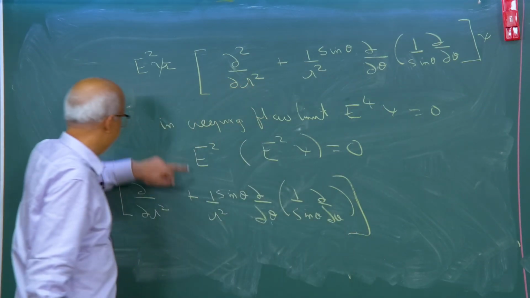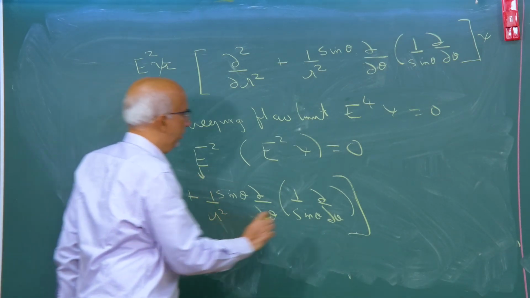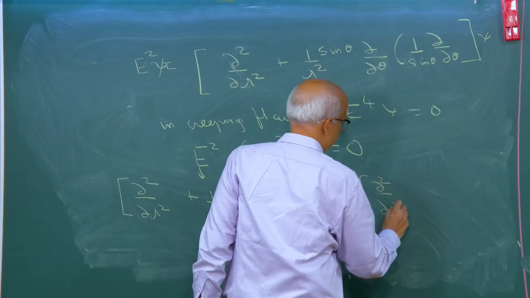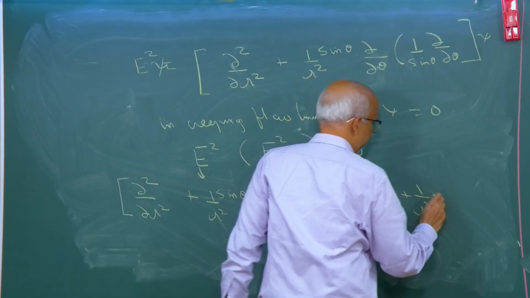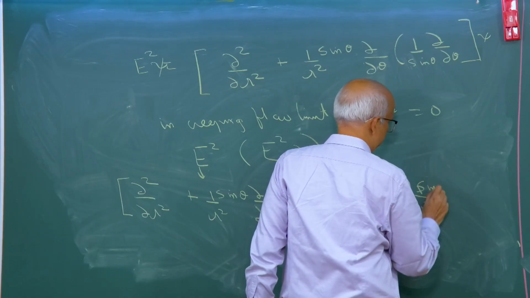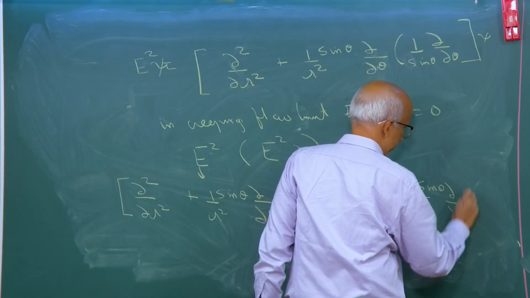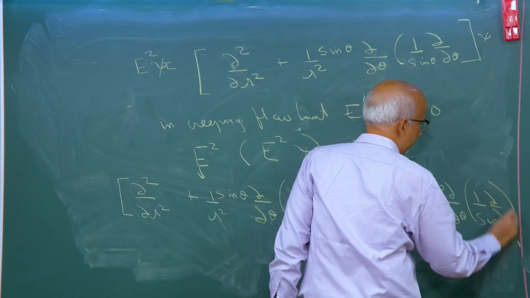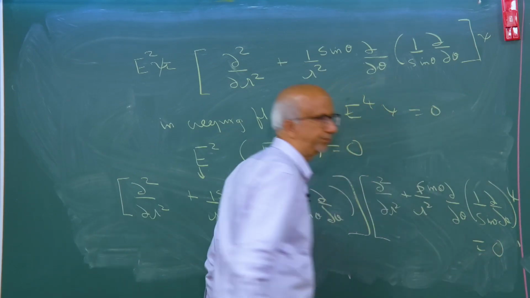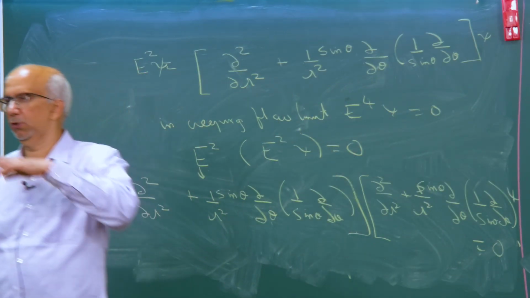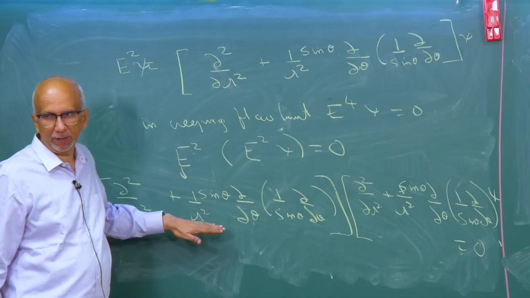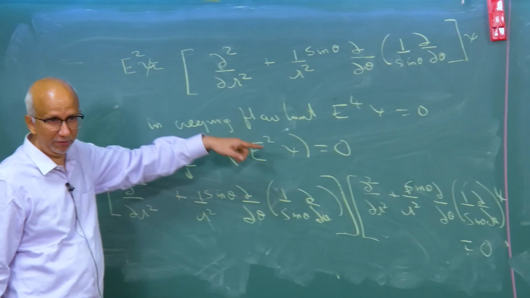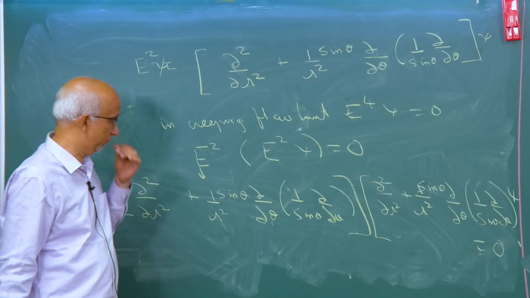This is the first E squared, and this is operating on psi equal to 0. This equal to 0 comes because the inertial terms are dropping off. I am expecting that you will derive this E squared using whatever I did last time, and all of you should do it.